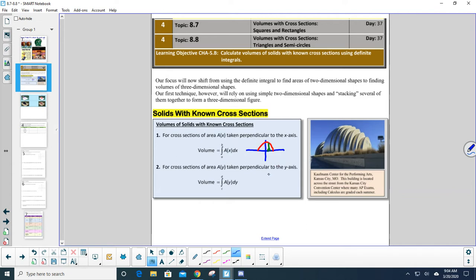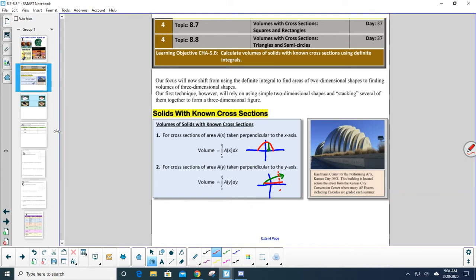If I am perpendicular to the y-axis, and let's say my shape is that, I'm going to just stop it right here. If I'm looking at this shape right in here, all my shapes are going to be this way. So I'm going to have everything in terms of y, kind of like how we did last time. If we were going up and down, everything was in terms of x. If we were going left to right, everything is in terms of y.